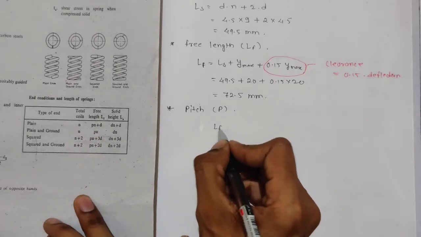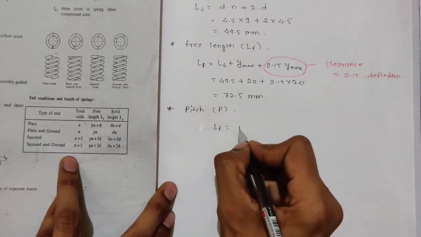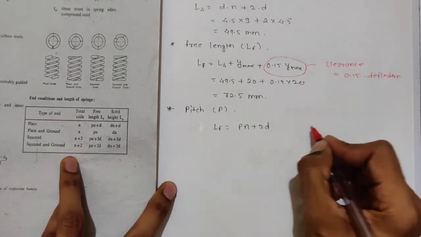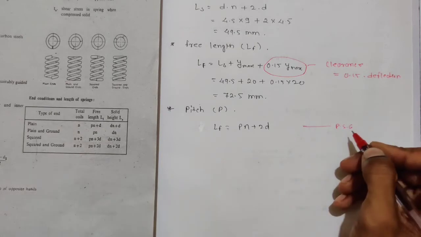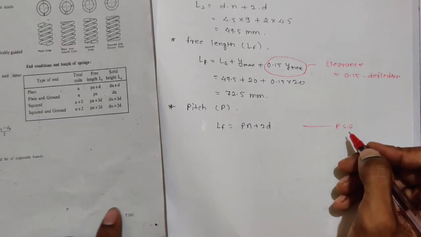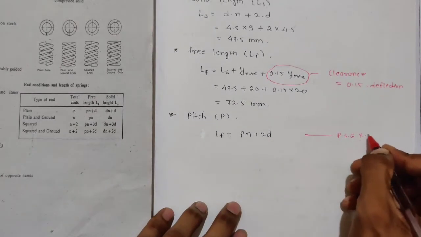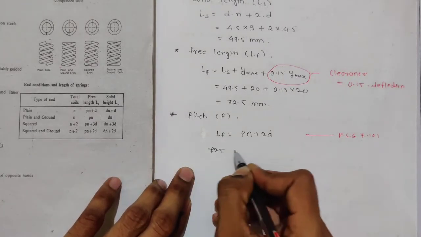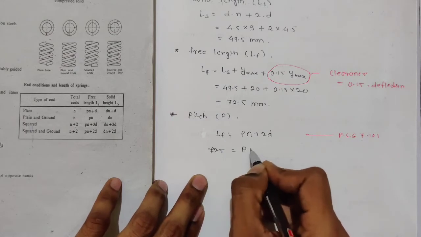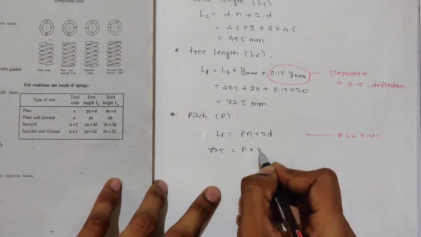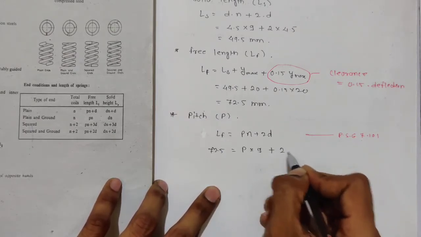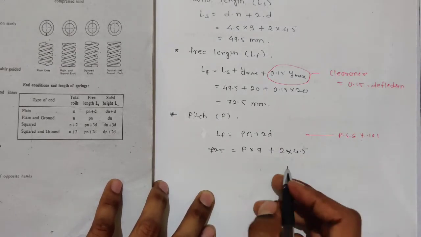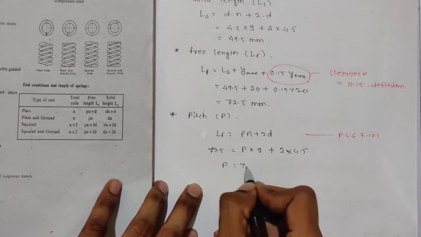So LF for square and ground ends is PN plus 2D. Okay, this is from PSG 7.101. So now we know LF 72.5 is equal to pitch, which we want to find, times the number of active coils N, 9, plus 2 into 4.5. From this you will get the value of pitch as 7.05.